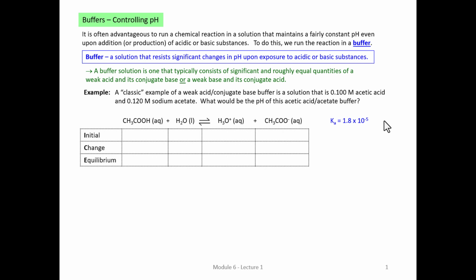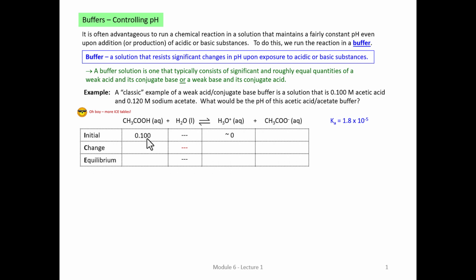And we'll deal with this as we have before by setting up an ICE table, and we can begin to fill in the ICE table. It claims in the problem that the concentration of acetic acid was 0.1 molar, so we'll put that in our initial row. Water, of course, we don't deal with.